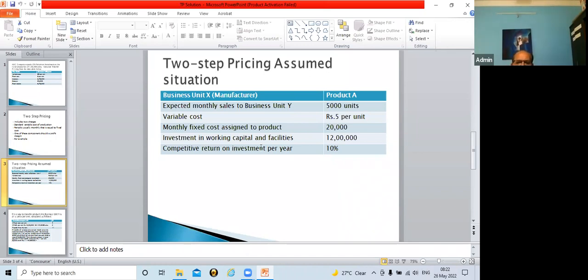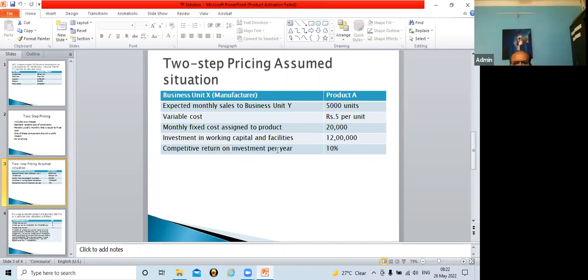And then the last line, competitive return on investment per year 10%. This unit X is expecting 10% return on this investment.